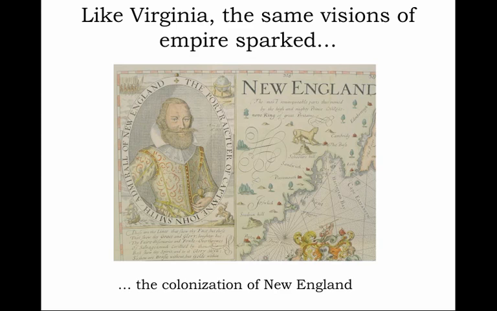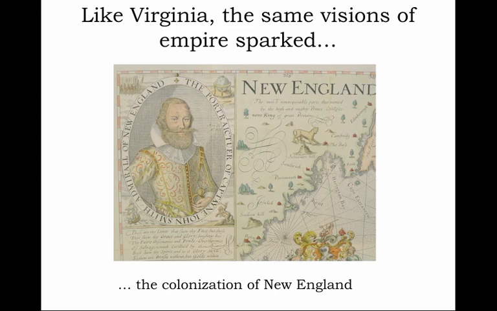as we take a look at New England, the region that comes to be colonized and named New England by the same investors, same political elites in England who had basically imagined, envisioned, and invested in the colonizing of the Chesapeake Bay region.